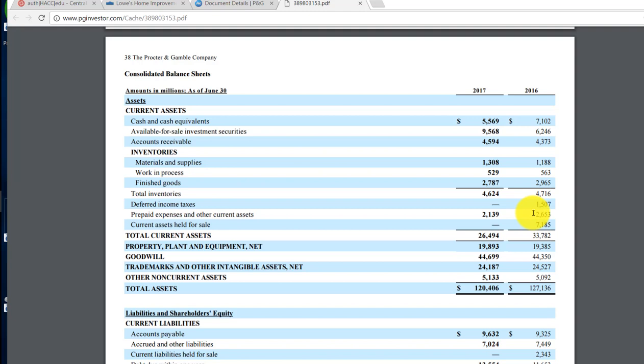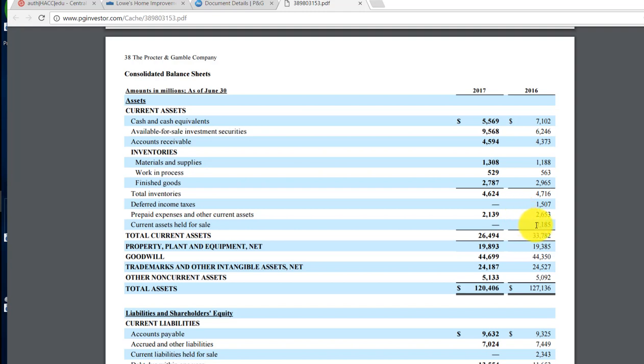So here we have a situation where Procter & Gamble decided in 2016 they were going to sell part of their business in 2017. It fit the criteria under U.S. GAAP to be a discontinued operation.